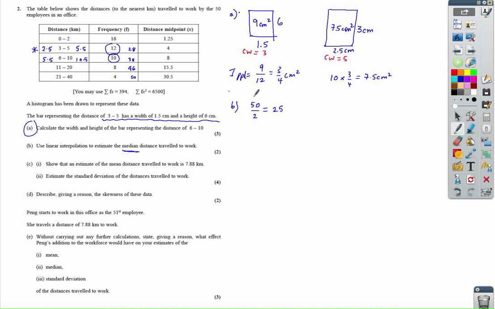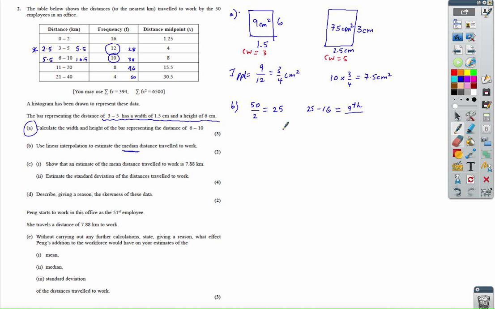This is the all-important group that we're dealing with. So the 25th person, there's 28 in there, so 25 minus 16, because I don't care about those first 16 people, means I need the 9th person in that group.